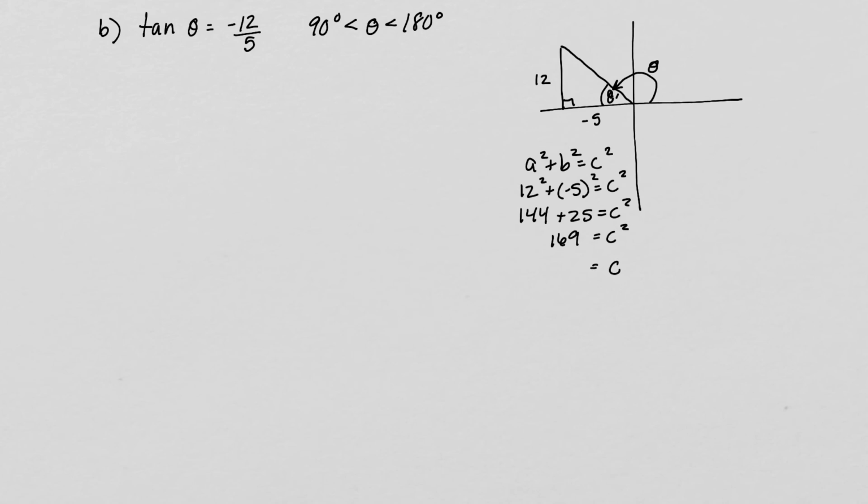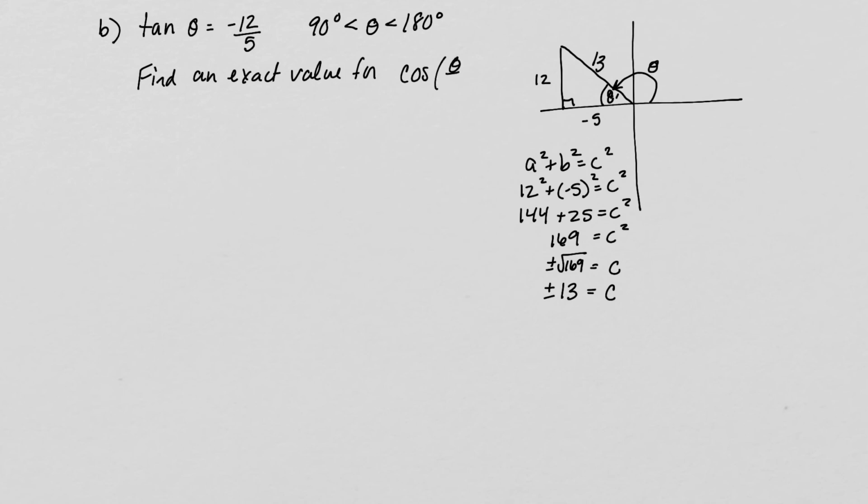So c is going to be plus or minus the square root of 169, or plus or minus 13. And it's the hypotenuse, so it's going to be the positive, so it's just 13. And I didn't tell us what we're trying to find here. I should have said that. Find an exact value for the cosine of theta over 2.